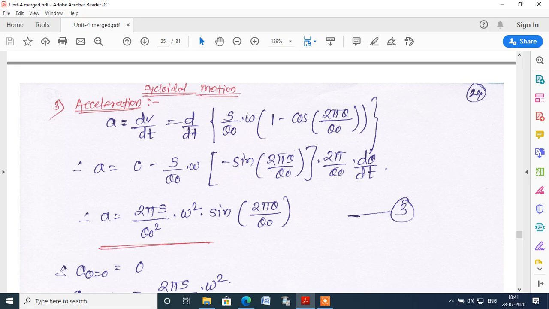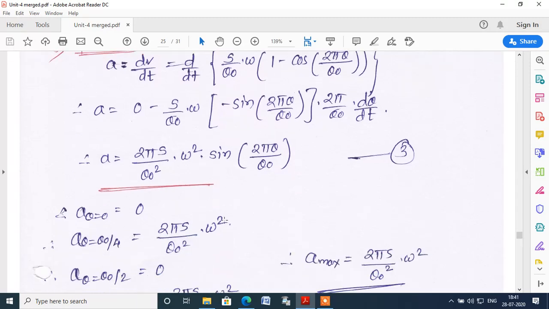So next, that is s by theta naught into omega cos of this, if you differentiate, we'll get s by theta naught into omega as constant, and derivative of cos is minus sine, and again you have to take derivative of this term and into d theta by dt. So minus minus becomes plus, you will get the final answer.